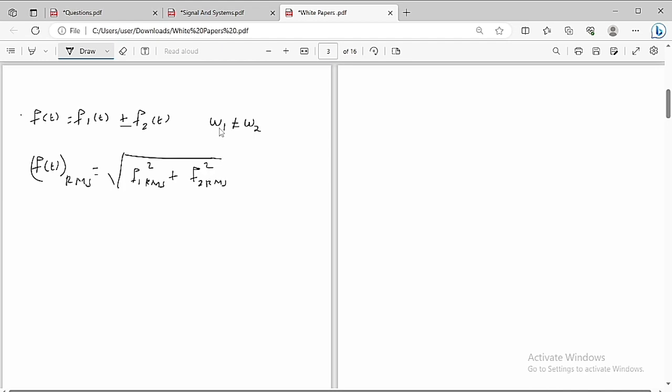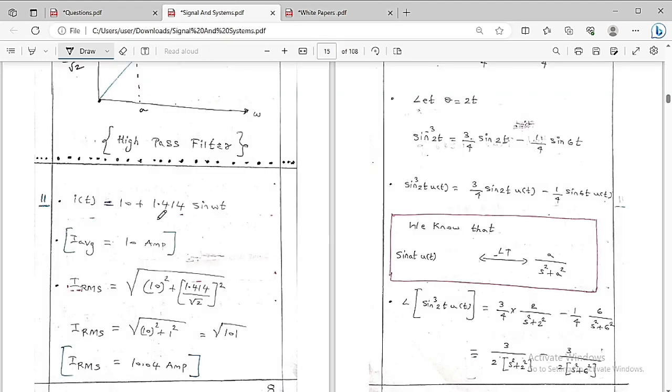This formula is used a number of times. Here this signal's frequency and that signal's frequency are different, and only then you have to use this formula. In this case, the frequency is 0 because it's a DC, and the other has some frequency omega. So both are different.